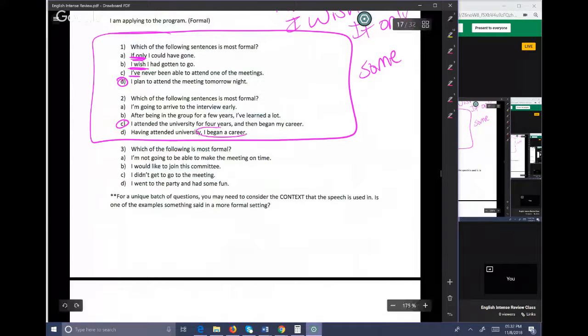When you compare "I began a career" up against "and then began my career," and "I attended the university for 4 years" up against "having attended university," it would be more formal to use the language in C. So sometimes, and again, do not memorize this, it won't do a darn thing for you, but sometimes, like we see in this instance, the length of a sentence can have something to do with how we select formal and informal.